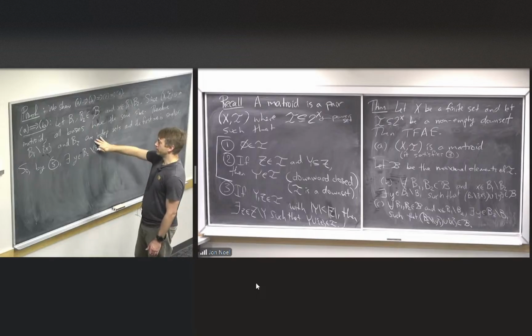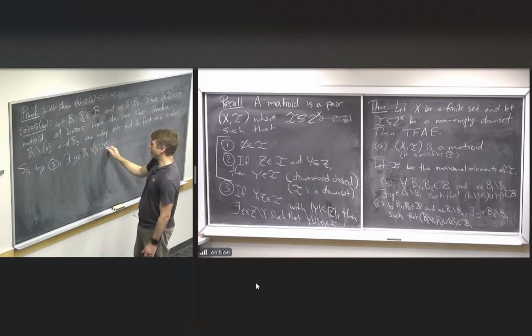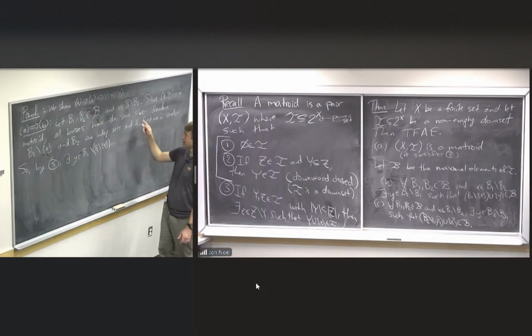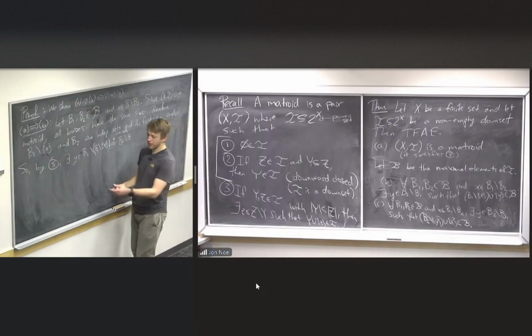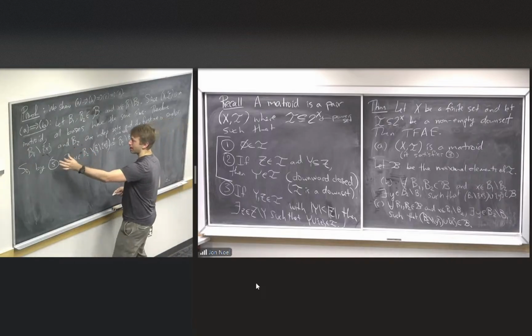Technically what I get is this, but since x was not in B2, that's the same thing as B2 minus B1. So these are the same since x is not in B2. Okay, so I'm just applying the third condition there where z is B2 and y is this.